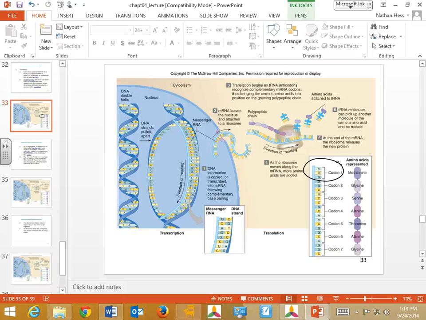It's right there on the bottom of page 88. And each of these 3-base combinations means a different amino acid. It's like a code, right? If I give you these 3, you give me this amino acid. If I give you those 3, you give me this amino acid. And basically, this is going to combine all of these together to make a protein.